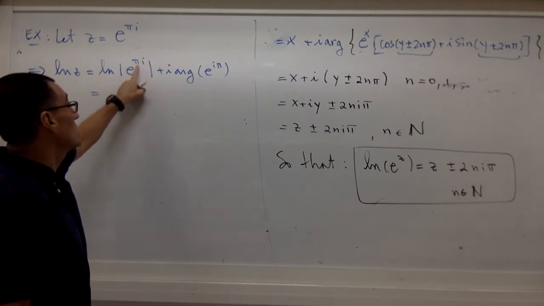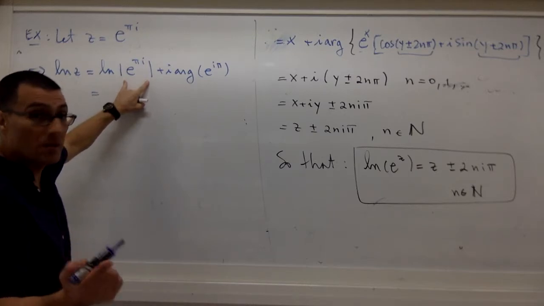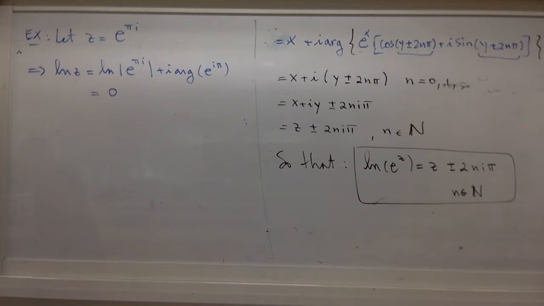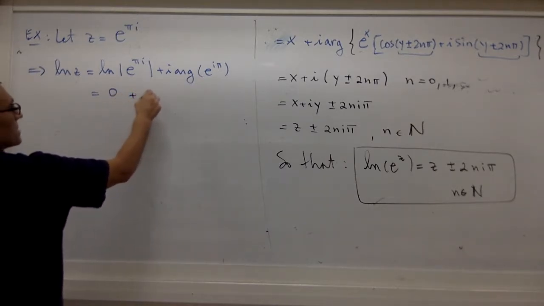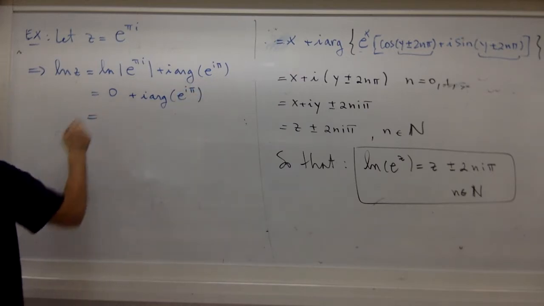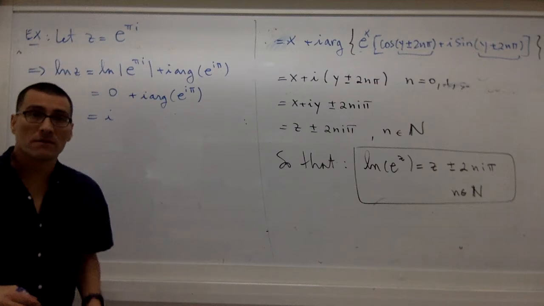So the exponential of I pi has modulus equal to 1. The log of 1 is 0, so you get 0 here plus I times the argument of exponential of I pi.